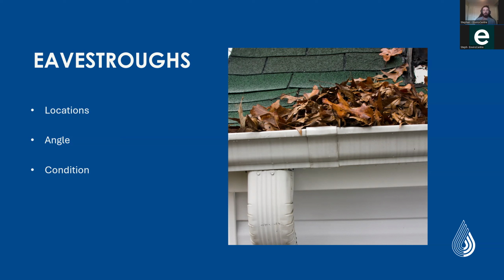You can usually see if you look up, your eaves trough is going to be angled slightly one way or the other, and that allows the water to flow towards the associated downspout. For example, on this home here, it's pretty obvious that everything from this roof pitch is going to be flowing towards that downspout.